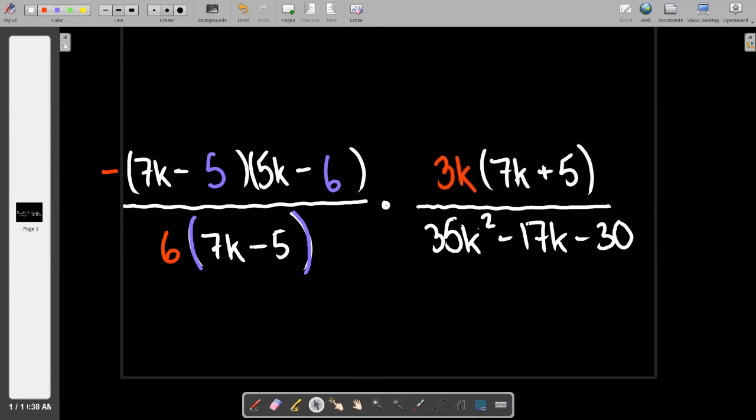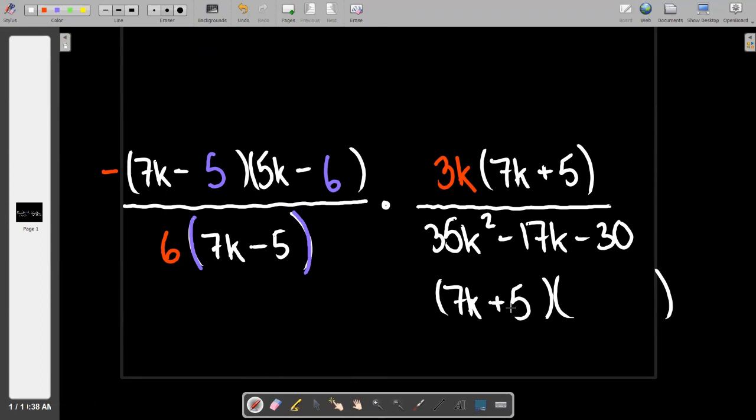I have a feeling that in this bottom section, one of the factors is going to be 7K plus 5. Not a guarantee, but certainly a great helping hand to start.